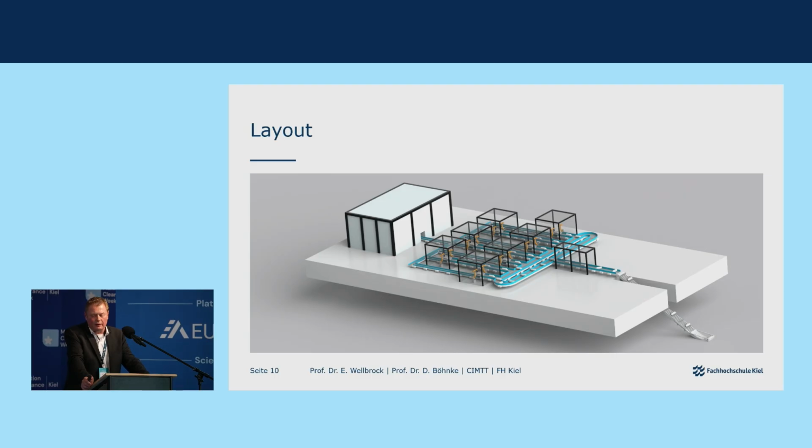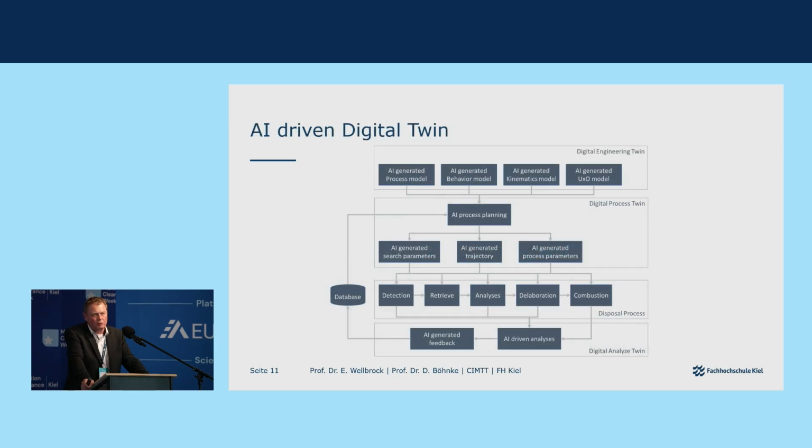Altogether, we can use this 3D model for a digital twin. My suggestion is to use 3 different kinds of digital twins at the beginning. If we want to generate our process, plan our process, but also drive our process, we can use a digital engineering twin.